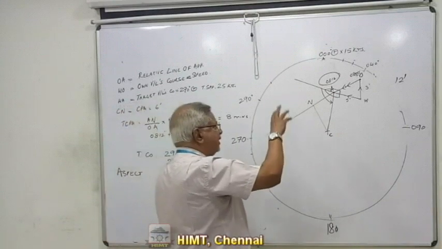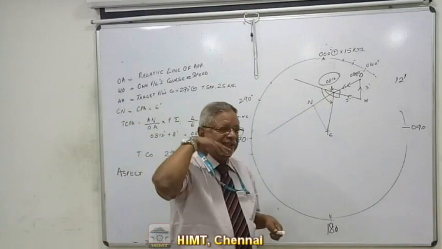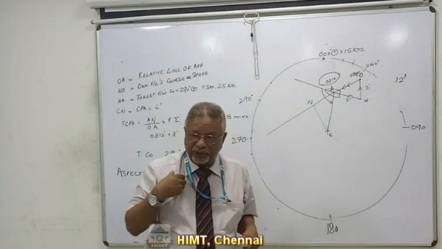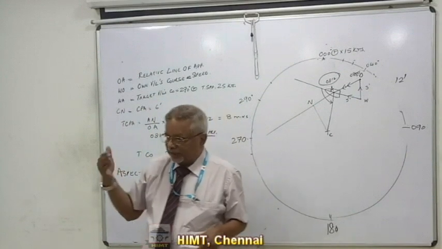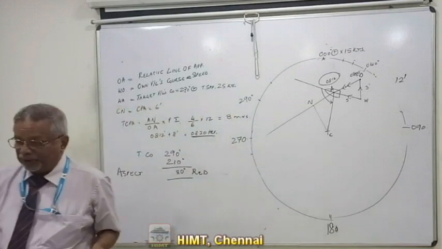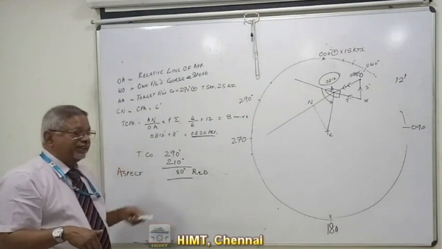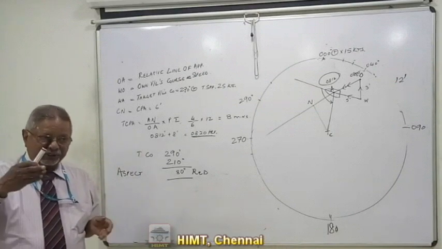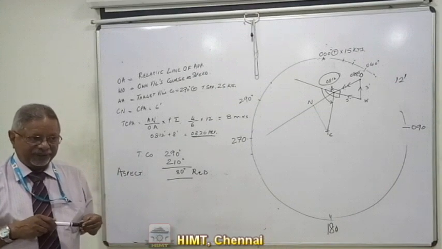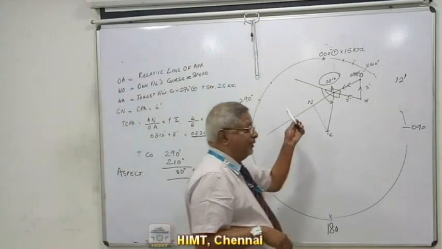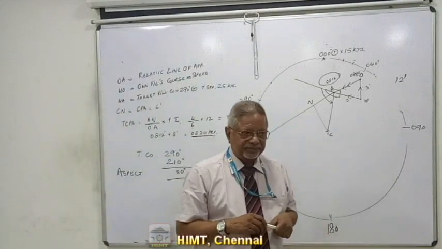And the last is the aspect. In plotting, the aspect is how the target is viewing you. So which side of the target are you? You are always at the center, and you can either measure that angle between the target's course and your relative bearing from the target. Or alternatively, you can calculate it.